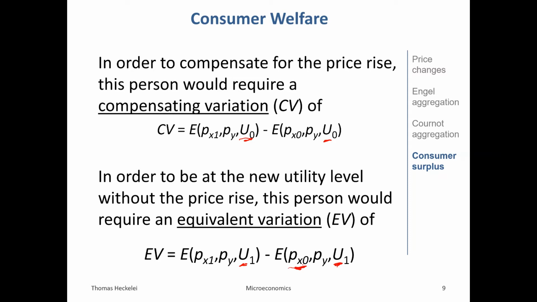Then some days I wonder, if the price had not changed, like the prices I had in Vietnam at home, how much money would I have saved from my consumption level right now? Or to put it differently, I would love to pay to see the price of sweet potatoes going back to the time I was still home, though I'm used to the utility level U1 already, and I don't need to get back to U0. So in that case, the equivalent variation helps answer my question.